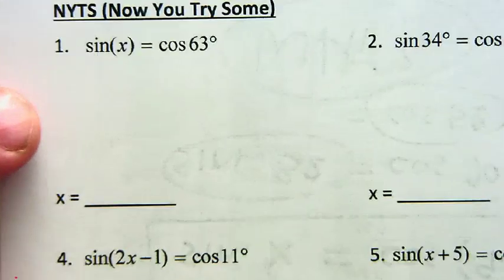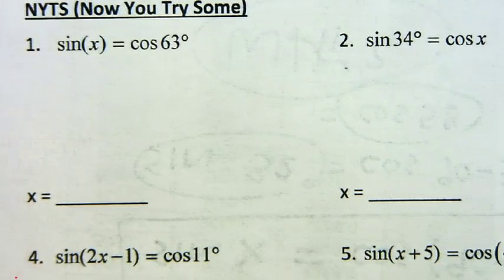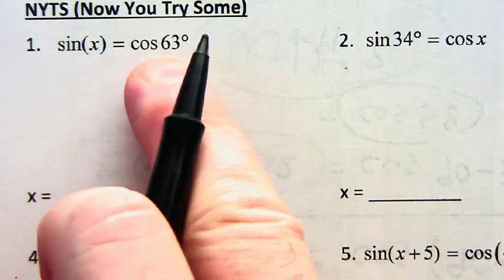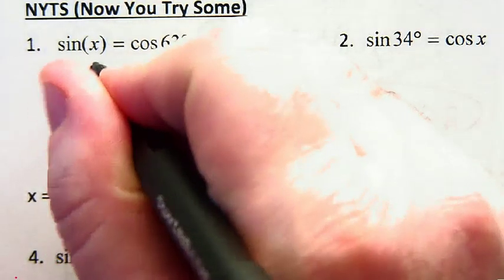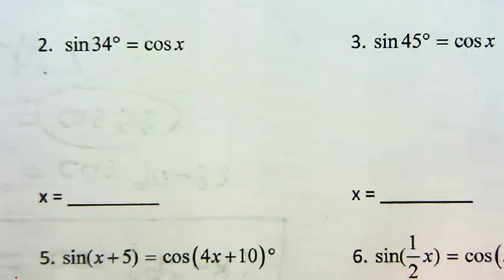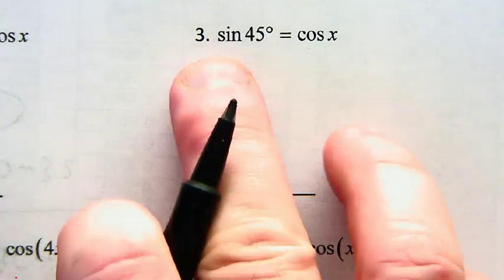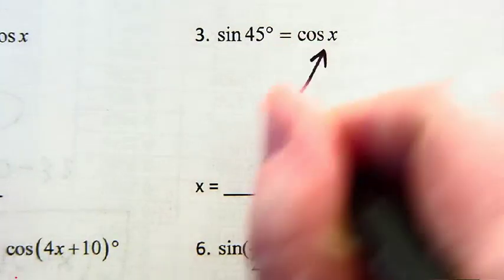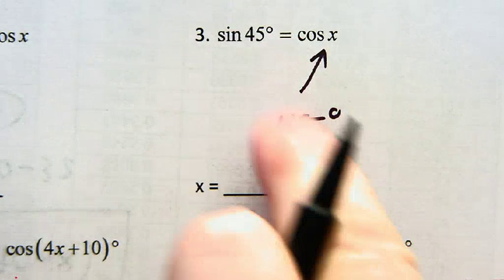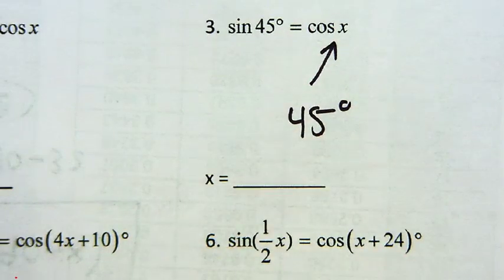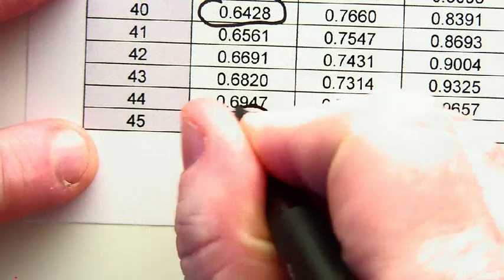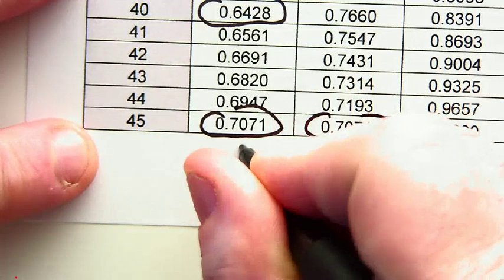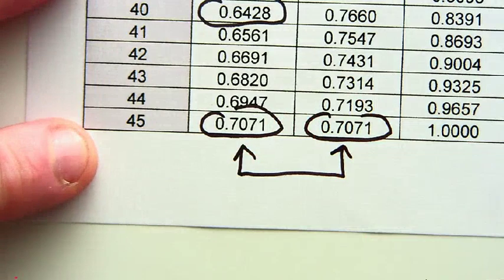So we'll see different questions to solve. Just very easy ideas that if this is 63, we are at 27 degrees for this value. Here, guess what? If the sine of 45, then this has to also be 45. So at that moment in time, they would be the same. Let's go back to the chart and see if that was true. Here we are, sine of 45, cosine of 45. Yeah, look, they are equal and in the same triangle.